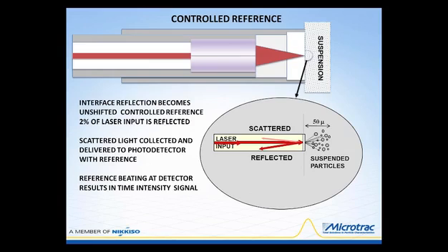In our case, we generally use a sapphire window on the probe, and the suspension is generally a water type of fluid, so that there is a large index of refraction difference. And in fact, with that combination, you get about a 2% reflection of the laser input reflected back into the fiber.